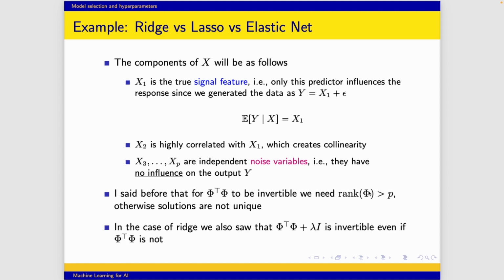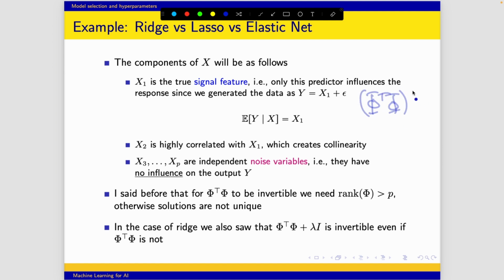In the case of Ridge, we also saw that this is not an issue. Even if phi transpose phi is not invertible, this new matrix is invertible because we changed the OLS solution from phi transpose phi inverse phi transpose y, where y is the vector of our targets or outputs, to the same thing, but we replace phi transpose phi with phi transpose phi plus lambda I, where lambda is the regularization or penalty parameter that we use.